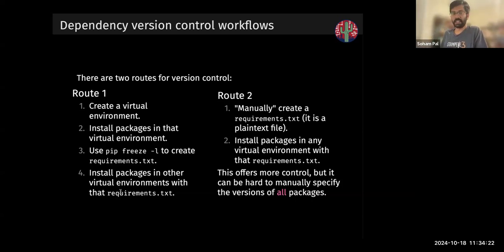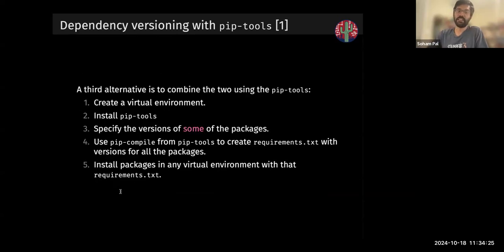So there is a third way that makes this easier, and that is you can use this tool called pip tools. So with pip tools, what you can do is that you first make a virtual environment, and then you install pip tools in that.